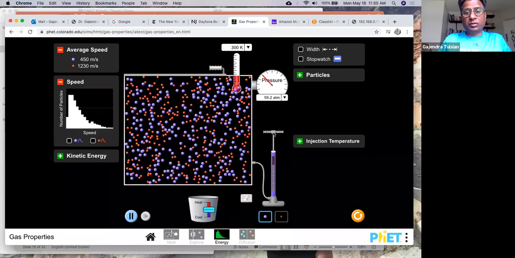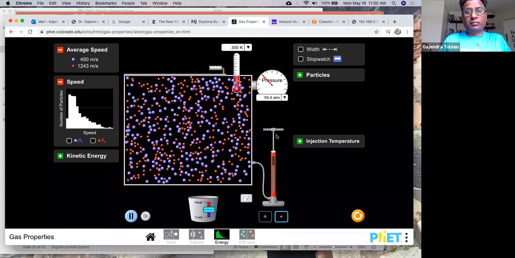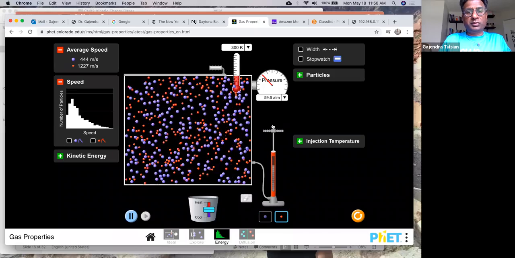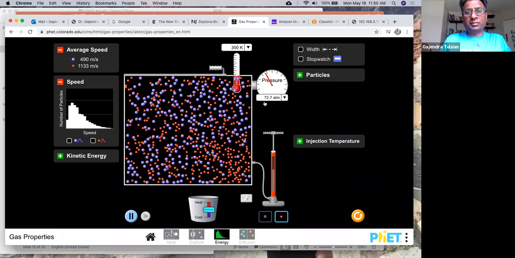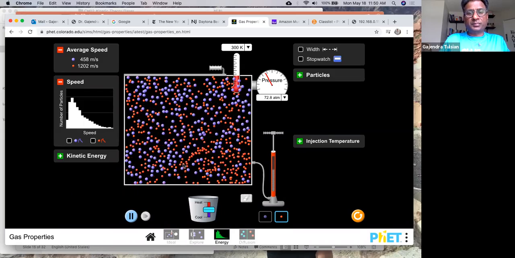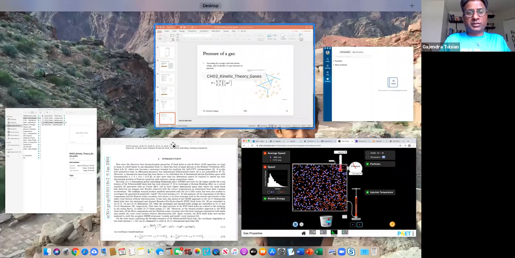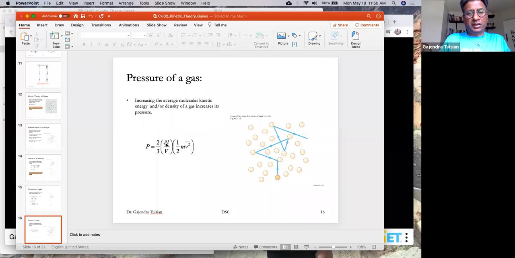So what we'll do is fill this thing with more molecules. As you add more molecules, the pressure went up. You see that? And that's what this expression is saying. So the pressure is related to the number density and the average kinetic energy. You can increase the pressure by either pumping more molecules in or making them go faster.